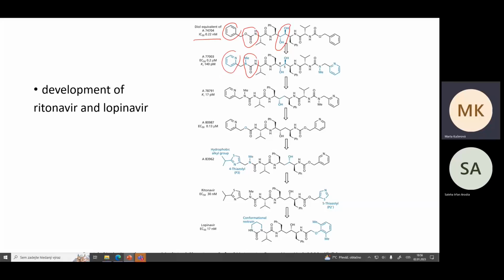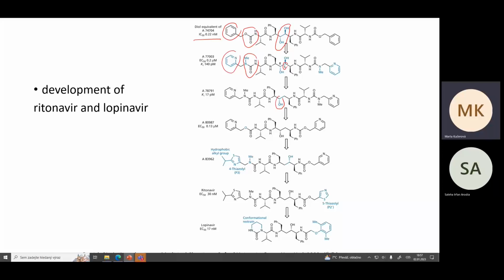This molecule was already very active. However, they tried to reduce one of the chiral centers to only one diol, which produced a very active compound.